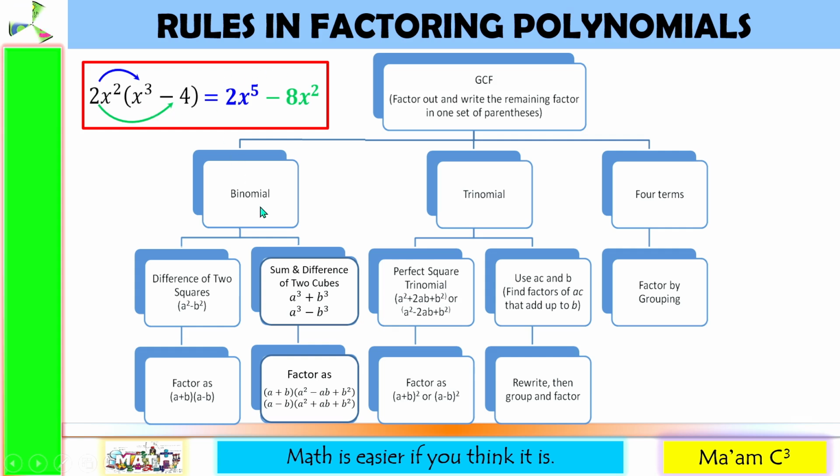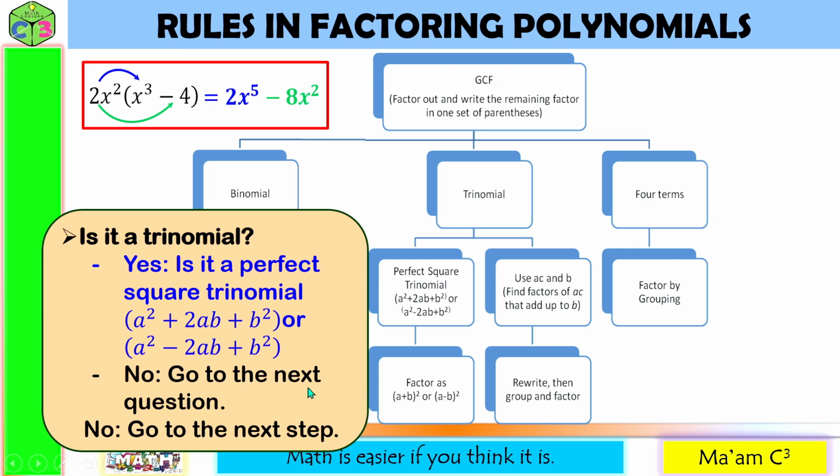You have already learned how to factor difference of two squares and sum and difference of two cubes. This time, our discussion will focus on if the remaining factor is a trinomial. To be particular, if it is a perfect square trinomial. In this lesson, you will learn how to factor PST, perfect square trinomial.